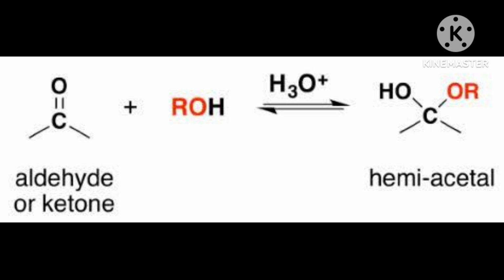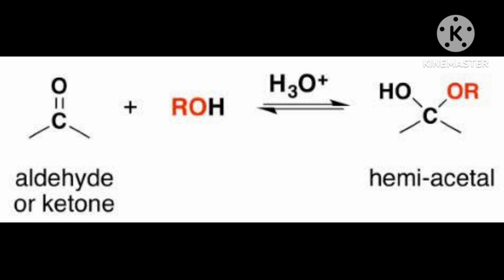That bond will break. Then again, in a very simple way you can understand, that OH is there. Then that O and H bond will break. Then O will be negative charge, H will be positive charge.